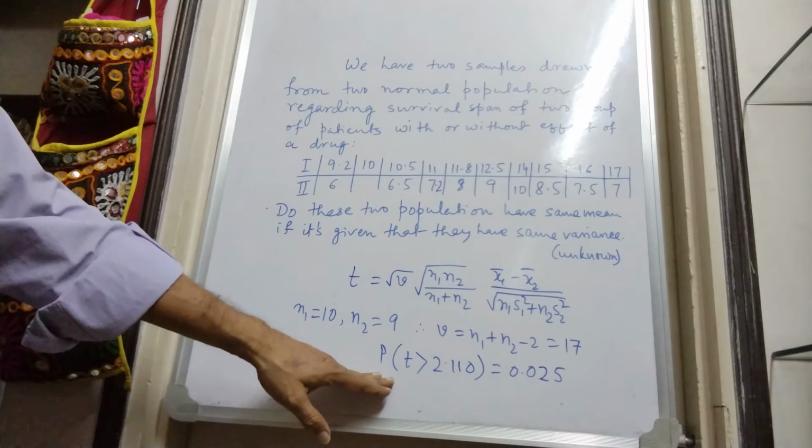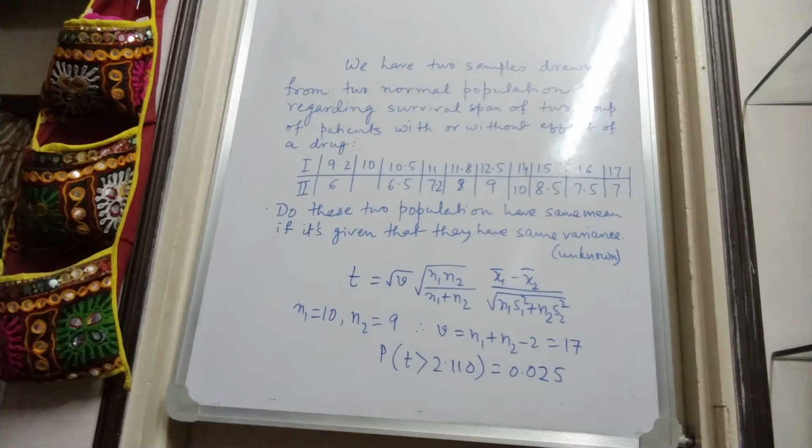From the table we see that for V equal to 17 degrees of freedom, the t distribution table shows that the probability of t greater than 2.110 is actually 0.025. This can be easily found out.